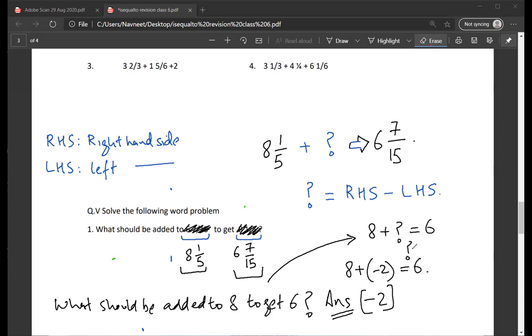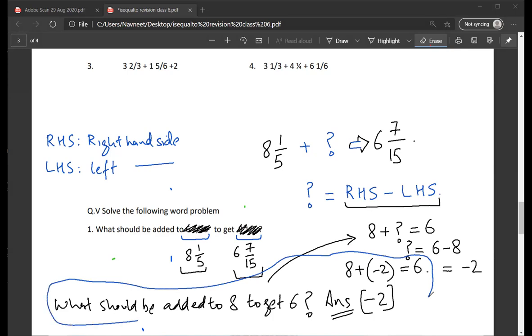Then something would be right hand side minus left hand side, 6 minus 8. And 6 minus 8 is -2. Mr. Satya, is there a doubt? No. Mr. Sarthak, is there a doubt? No, sir.